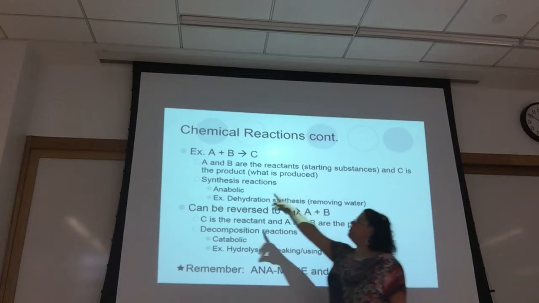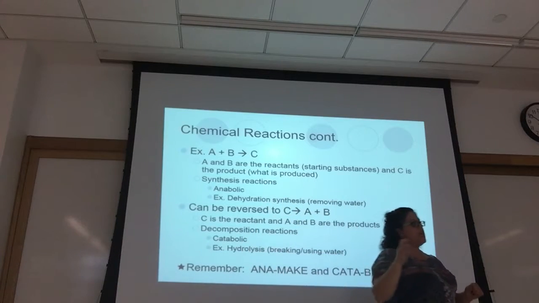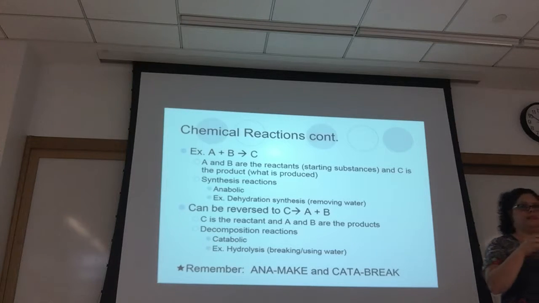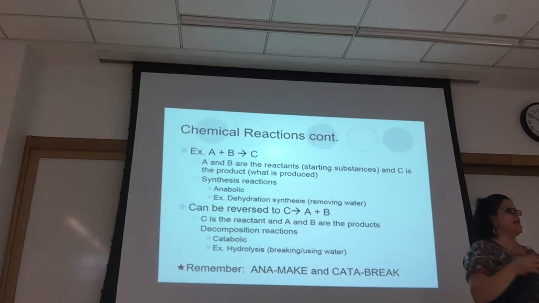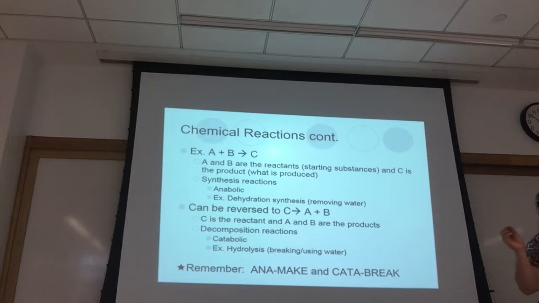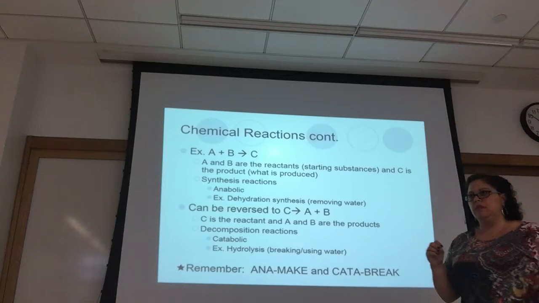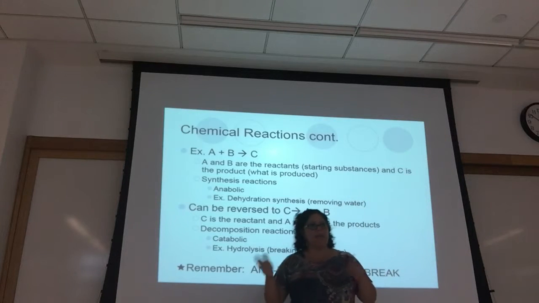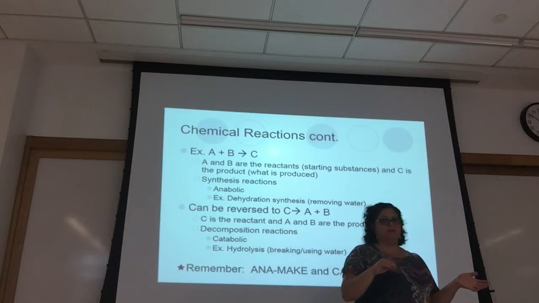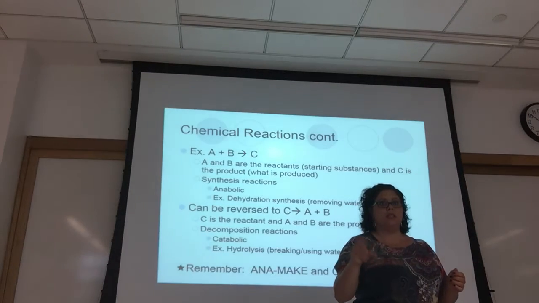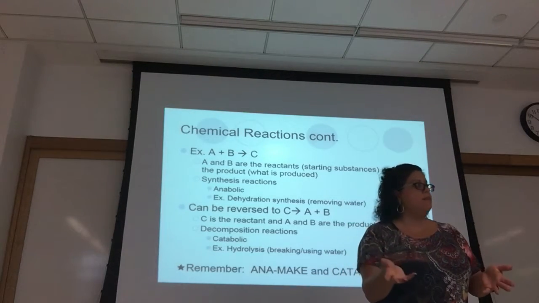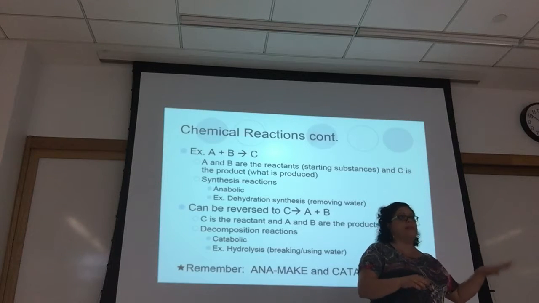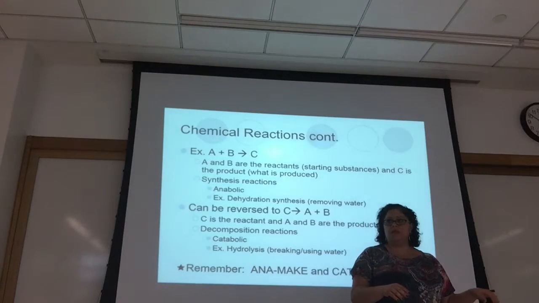Whereas the first one that we were looking at, where we're taking A and adding B to get C, that's a synthesis reaction. We are making something. It's an anabolic reaction. I think we talked about this maybe the first class, where I might have said ana make and cata break. Anabolic reactions make, synthesize something, and catabolic reactions break something down, decompose something.